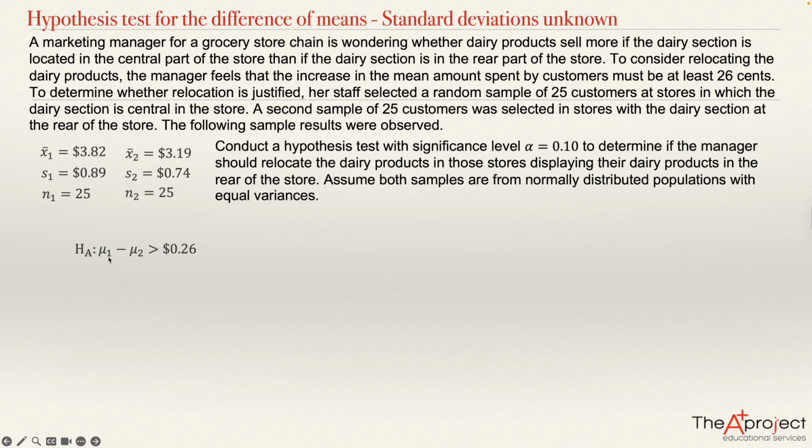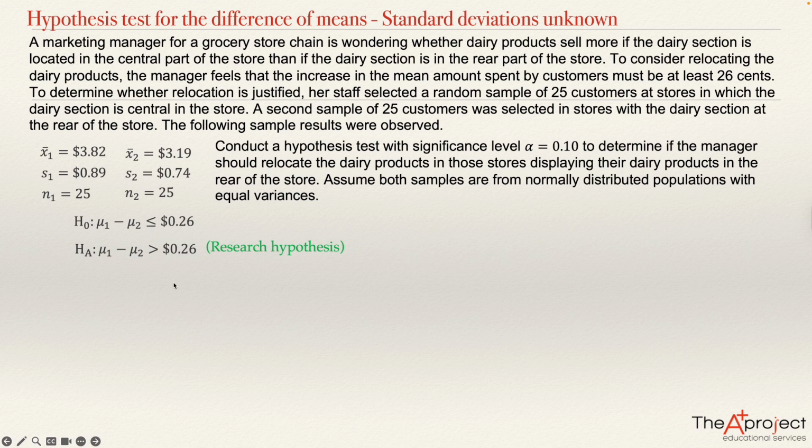This is equivalent to saying that in the first population the average is 0.26 more than in the second population. This is the research hypothesis. So the null hypothesis will be mu1 minus mu2 less than or equal to 0.26. Some researchers prefer to write equal to 0.26. Some others prefer less than or equal to 0.26.